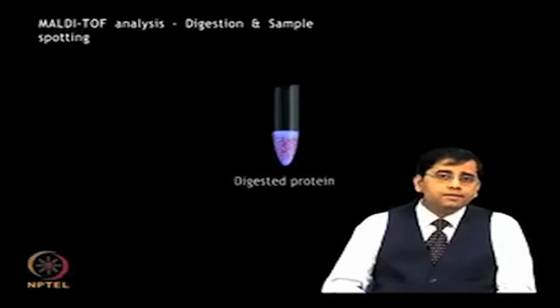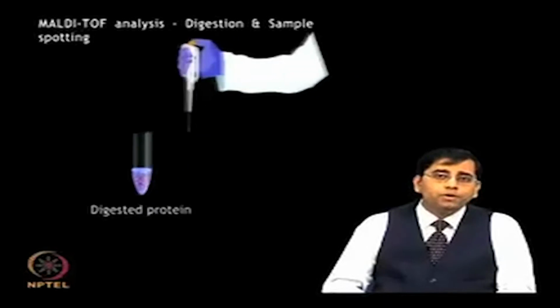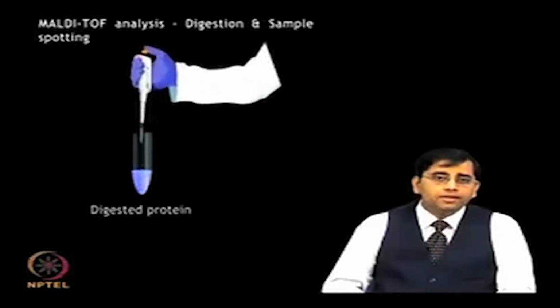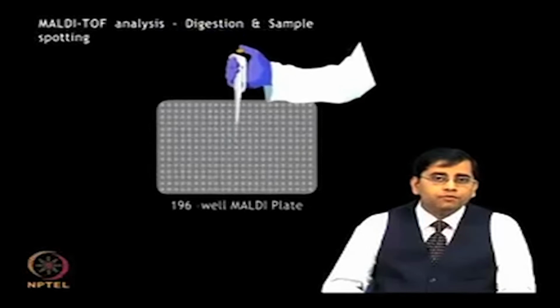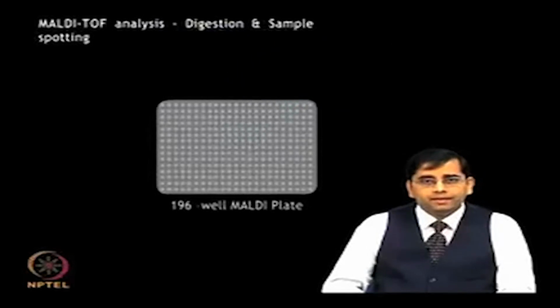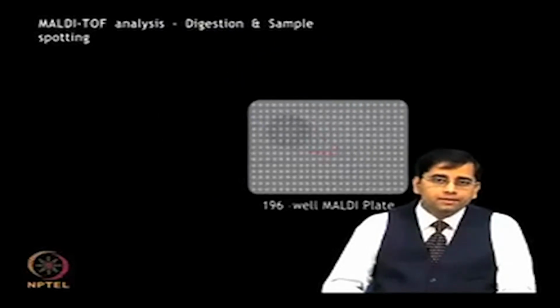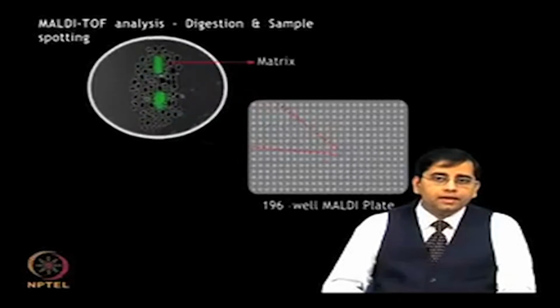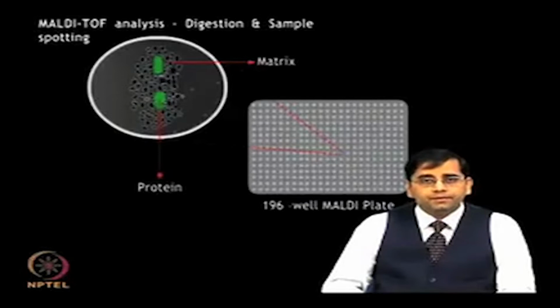This digest is then mixed with a suitable organic matrix such as alpha-cyano-4-hydroxycinnamic acid, sinapinic acid, etc., and then it is spotted onto a MALDI plate.